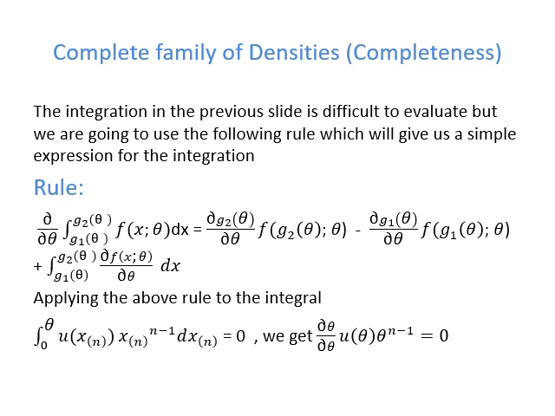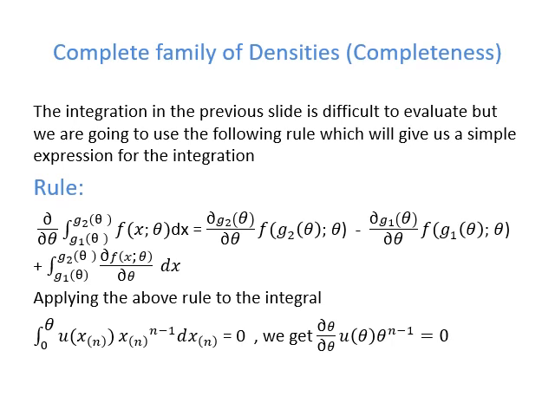What does the rule say? It says that if we want to differentiate with respect to theta a certain integral, the lower limit of this integral is g1 of theta, which is a function in theta, and the upper limit is g2 of theta, which is also a function in theta, and we are going to integrate the function f. F depends on both x and theta, and we are going to integrate with respect to x.